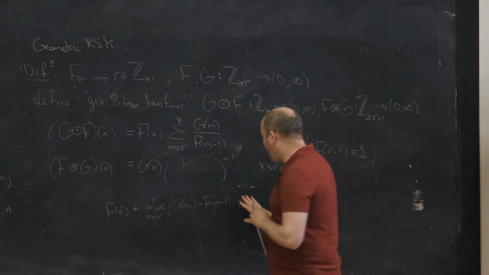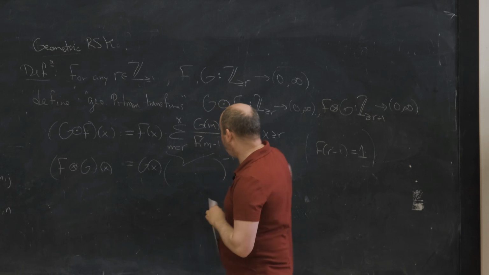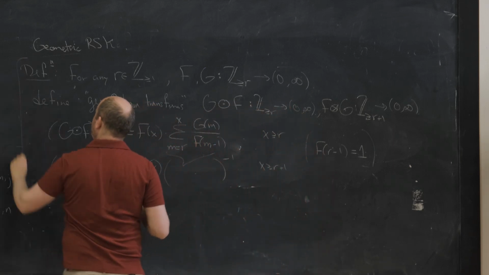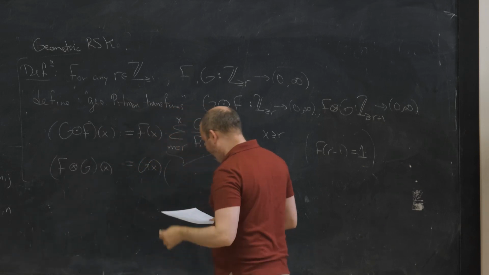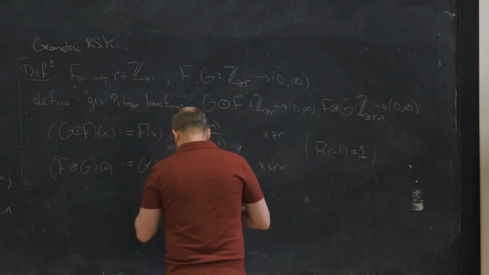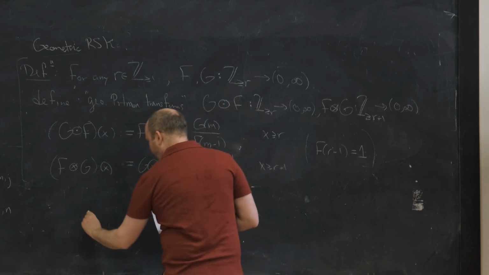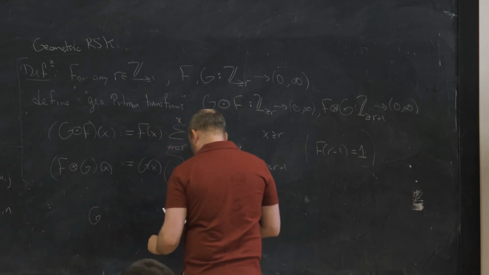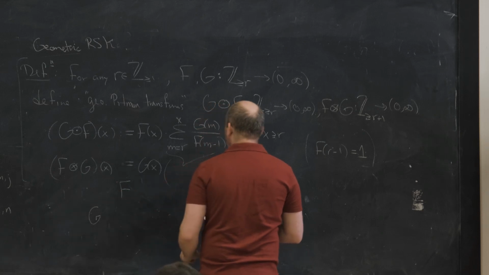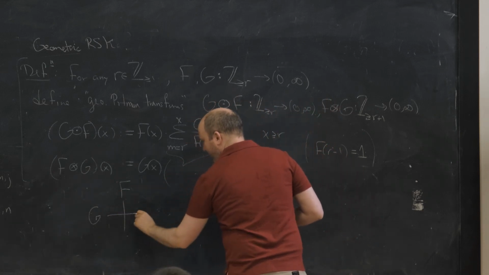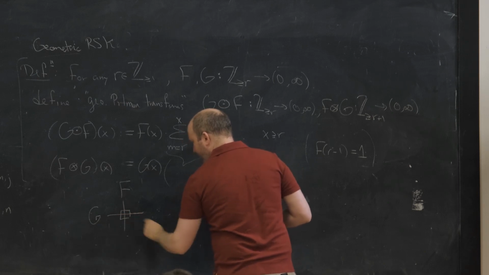Okay, so with this notation, I'll now give a graphical representation for this transformation. If I have g and f, what I'll do is draw a cross with a box through it.